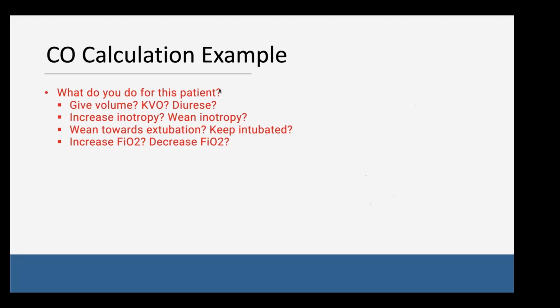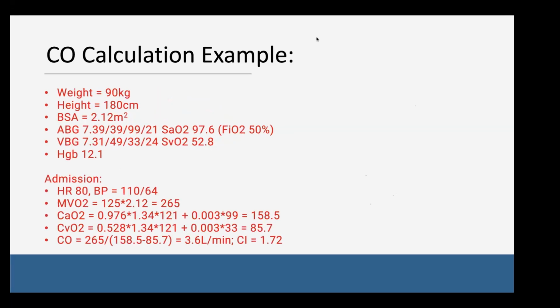Hello, this is Esther. Yes, Esther, thank you. Go ahead. Looking at the ABGs, it looks to me that the gases are roughly okay. So I wouldn't change anything about the FiO2. I wouldn't decrease it just yet, even though the PO2 is normal. Maybe we don't need it to be 99, but it's okay. The main thing that sticks out to me is that the cardiac index is lower than it should be.